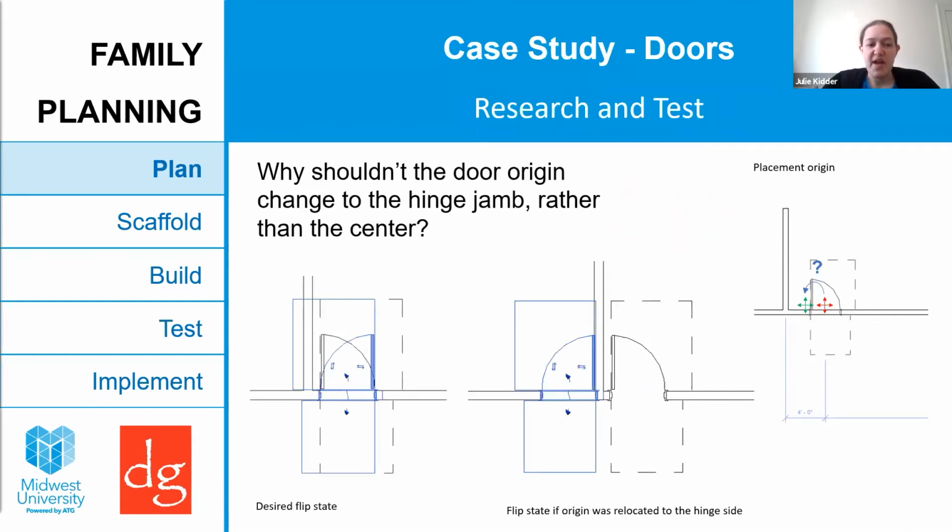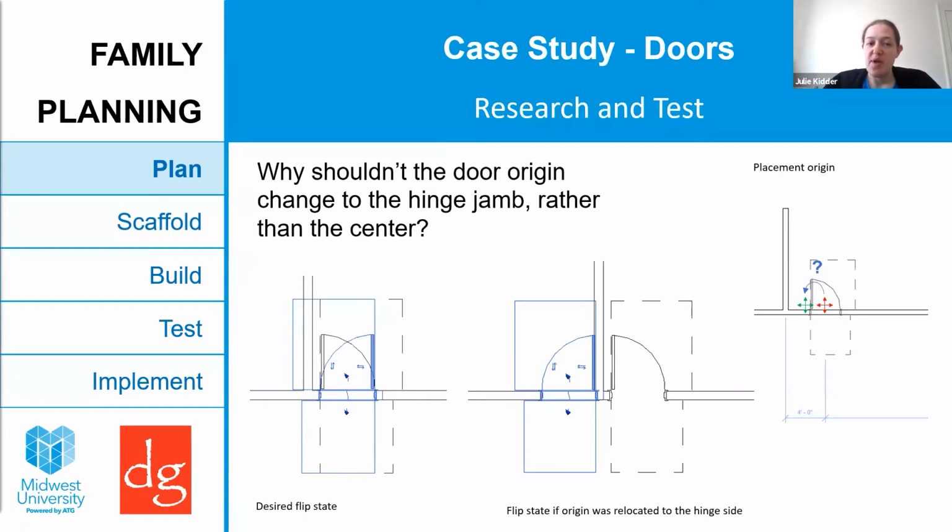So one of the aspects in the doors that I was initially very frustrated with and planned to change was where the origin was located. It annoyed me that I couldn't do a one-click place and get it in the right location based on where the hinge was located. And so I really wanted to change that. And after some research, I realized that there was a good reason not to change that, because if I had, then the door flip would stop behaving the way it was expected.